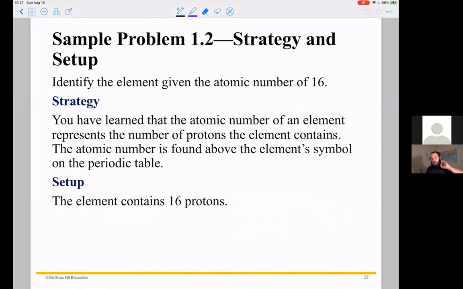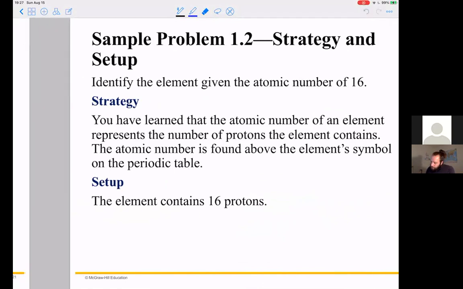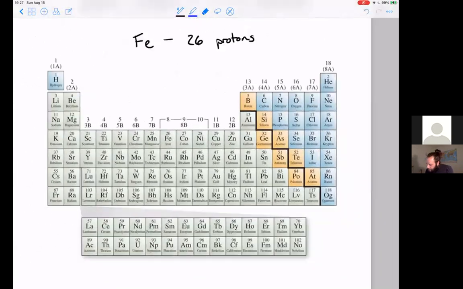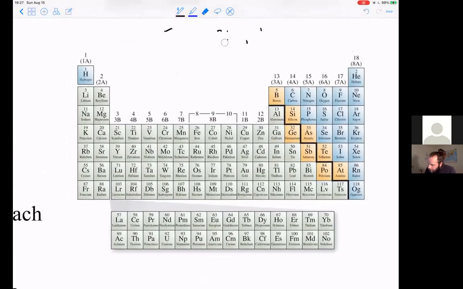Okay, so let's just do an example here. We got to identify the element with atomic number 16. Everybody take a second and see if you can identify the element that has atomic number 16. What is its symbol and what is its name?